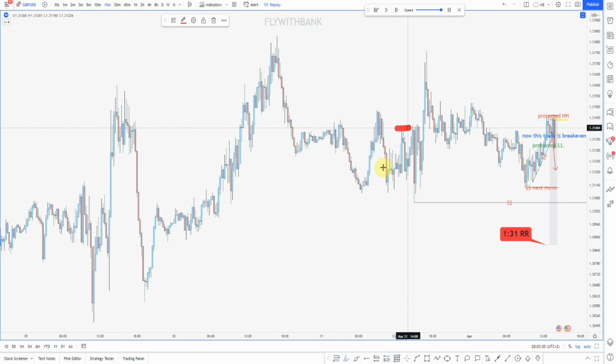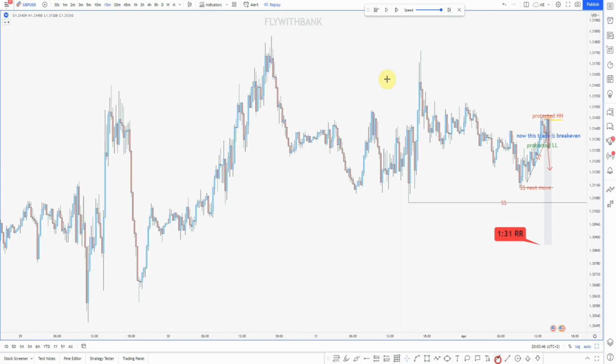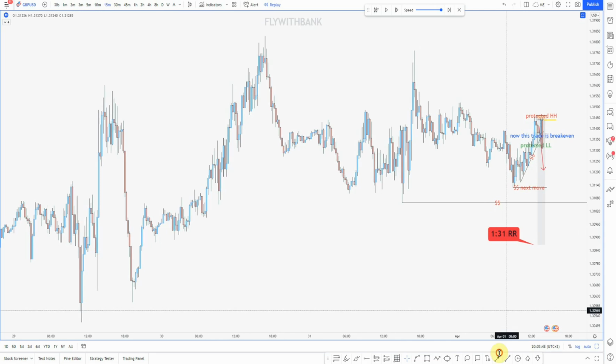Okay, took sell aiming for this low. No, sorry, I took sell from last day, yesterday. I took sell here aiming this low, and the market ran this low.